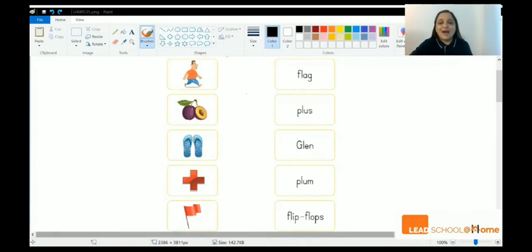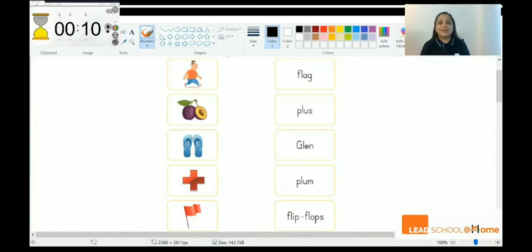Glen. Now, look at the words which are given here and point at the word Glen. I am giving you 10 seconds to point at the word Glen.